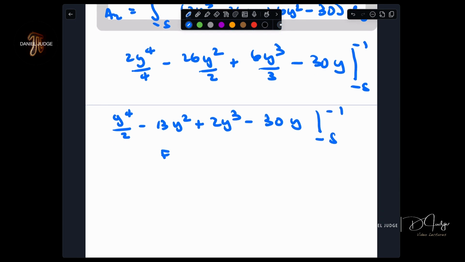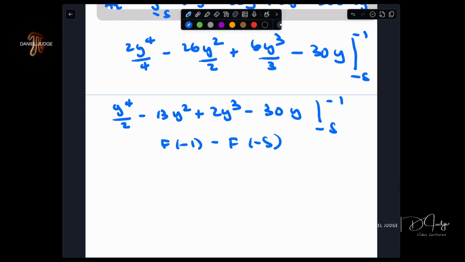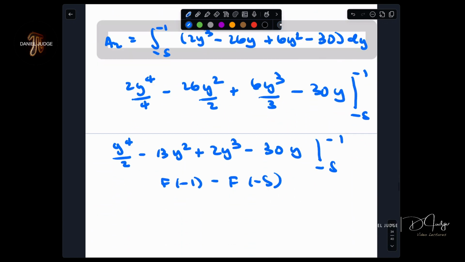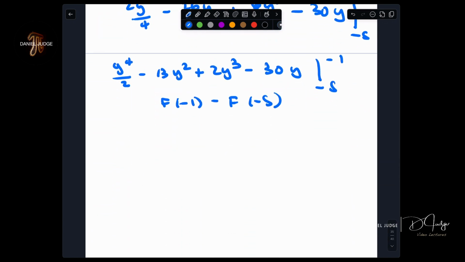So this would be the antiderivative evaluated at negative 1 minus that antiderivative evaluated at negative 5. I didn't do that in the last one, so I apologize, but not a big deal. Hopefully by now you guys understand how this process goes. So let's try this out.